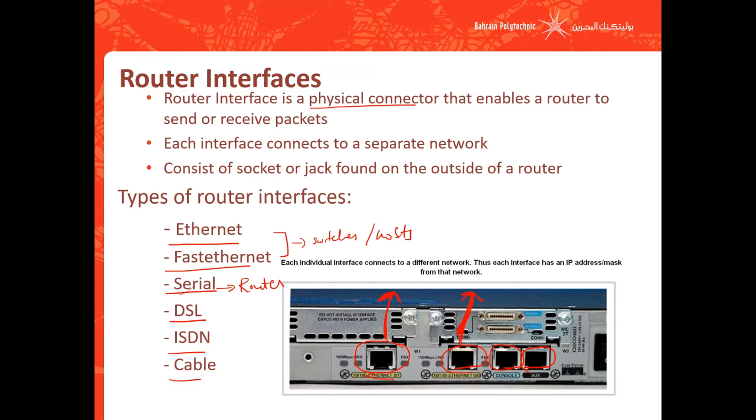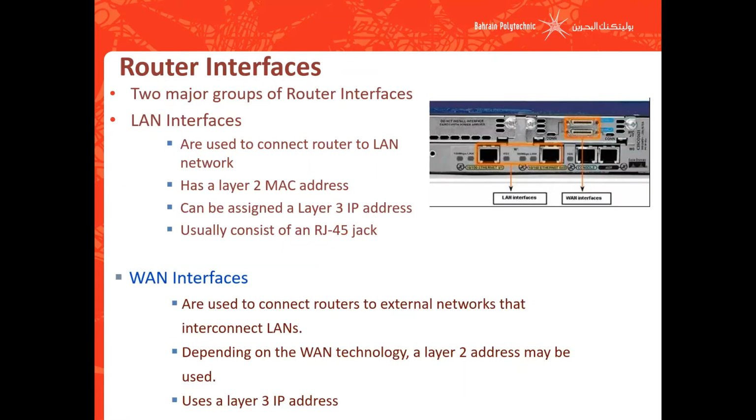From now on, I'm going to use the word interface for the ports on a router. So for each of these interfaces, because they connect to separate networks, they have their own IP addresses and their own subnet mask. This is where you would assign the subnet mask and the IP address for each network.